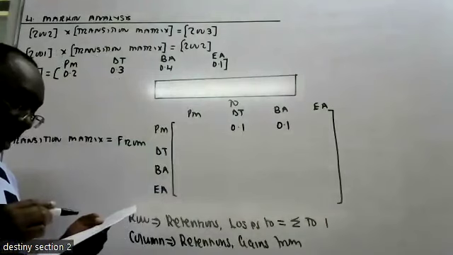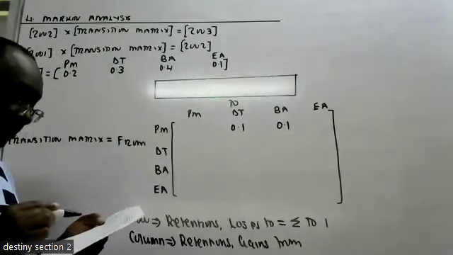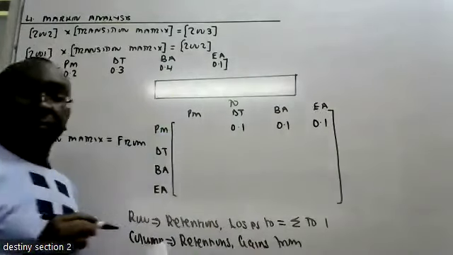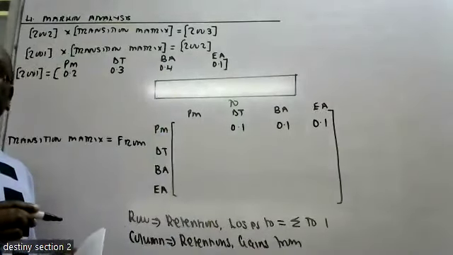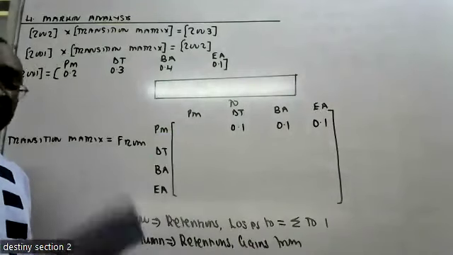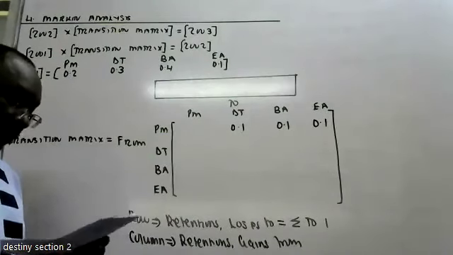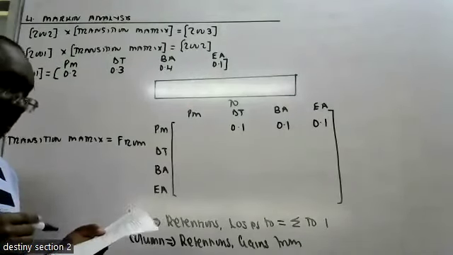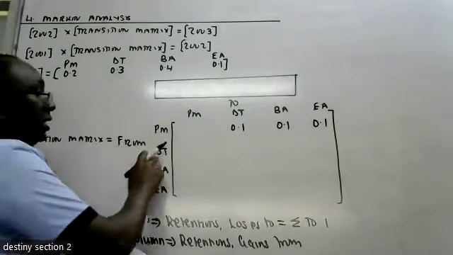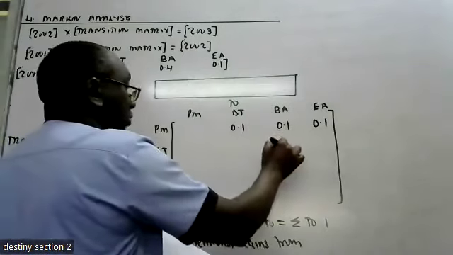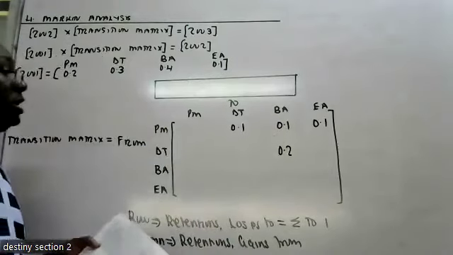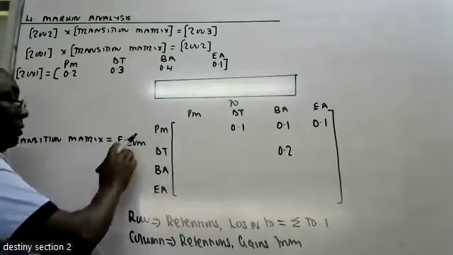Then from PM to EA, 0.1. The next information says, out of those which used DT auditors in the same year, 20% switched to BA. So from DT to BA, 0.2. And 10% to EA. So from DT to EA, 0.1.